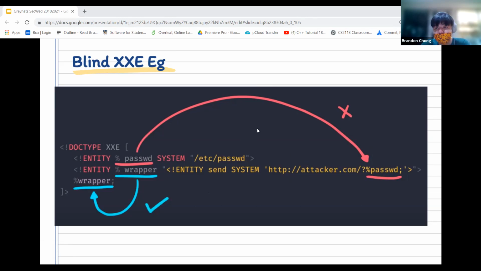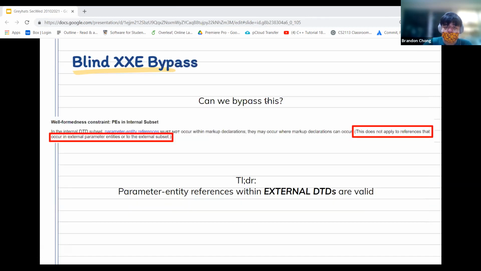According to the specification, this is basically the problem. This is why our earlier code doesn't work. We are not able to carry out the XXE attack that way. But is there a way to bypass this? Actually, yes, there is.